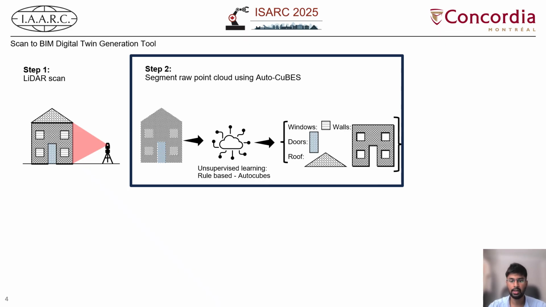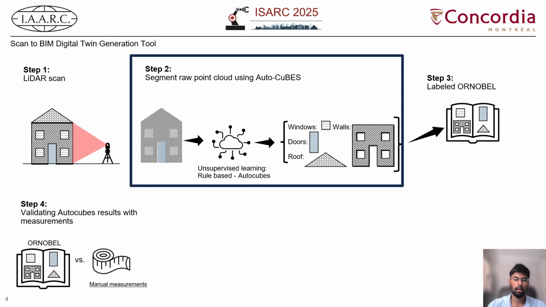AutoCubes uses unsupervised learning to precisely segment the facade. These label data are stored as a part of our ORNABLE library. All the label data in our ORNABLE library is validated with manual measurements collected using our total station.